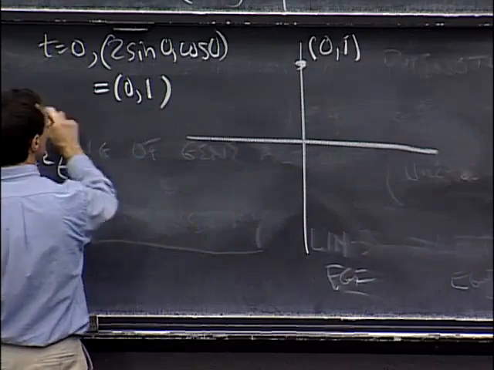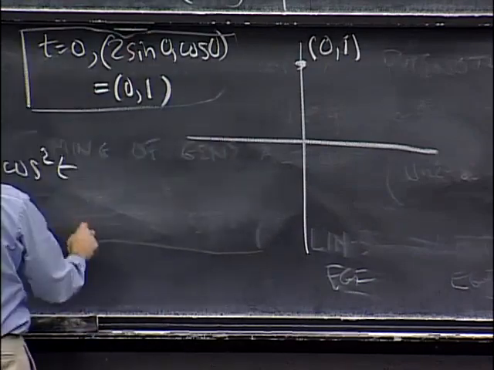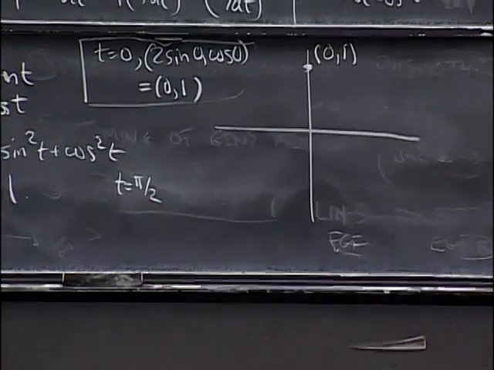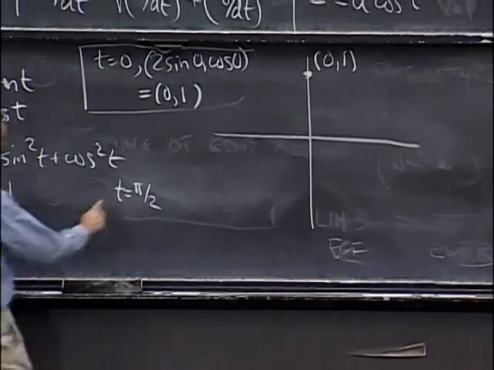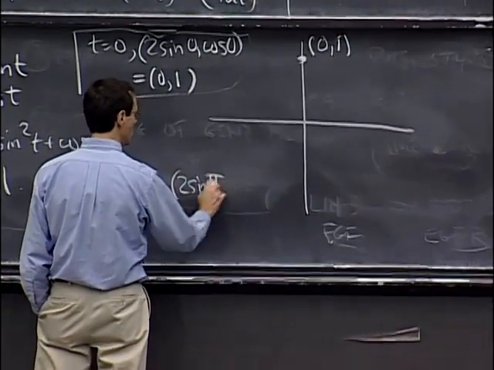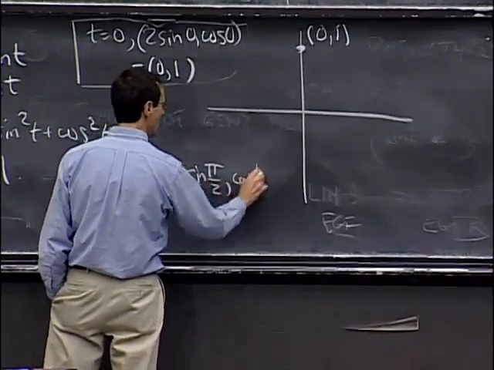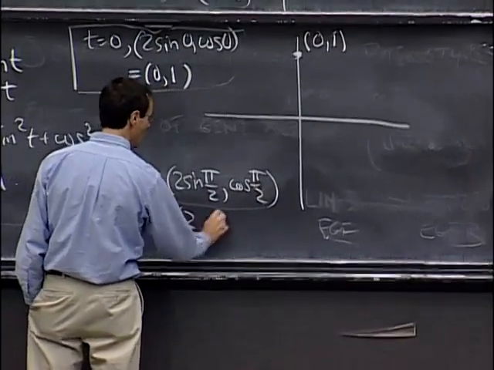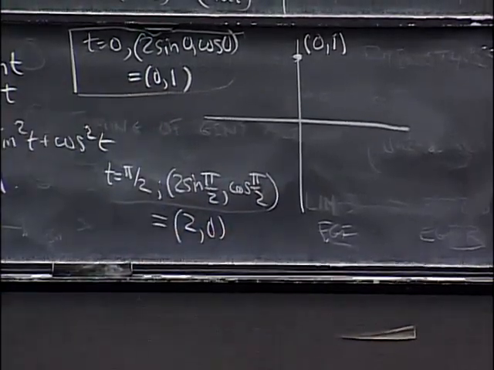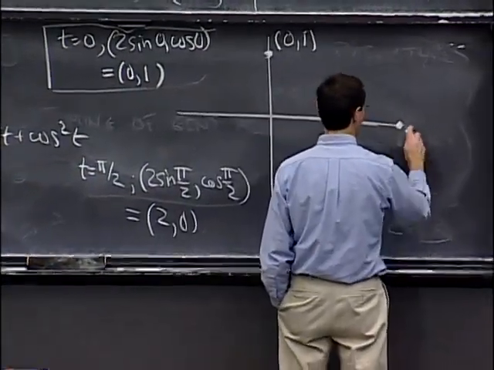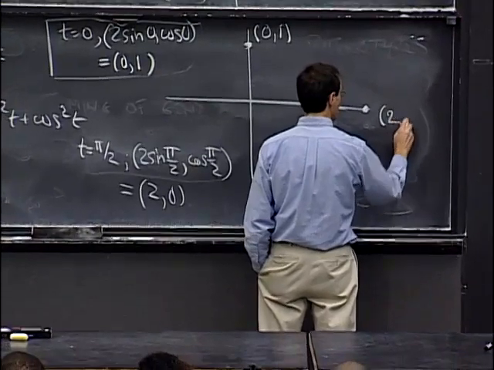And then the next little place, so this is one thing that certainly you'll want to do. t equals pi over 2 is maybe the next easy point to plot. And that's going to be 2 sine pi over 2, cosine pi over 2. And that's just 2 comma 0. And so that's over here somewhere. This is 2 comma 0.